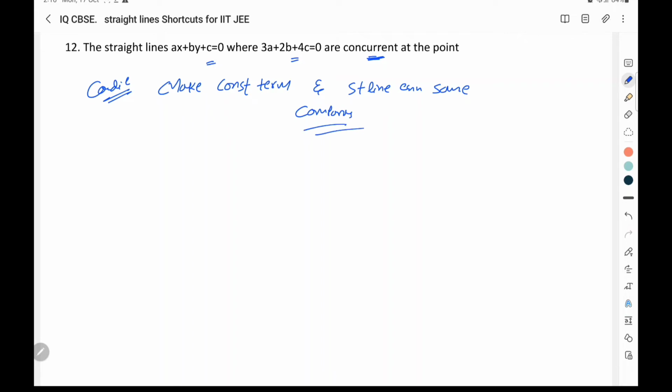As per the question, here the line equation is ax plus by plus c is equal to 0. The second equation is 3a plus 2b plus 4c equals 0. I already told you that we have to make this constant term the same. So what I am going to do is divide the entire equation by 4.